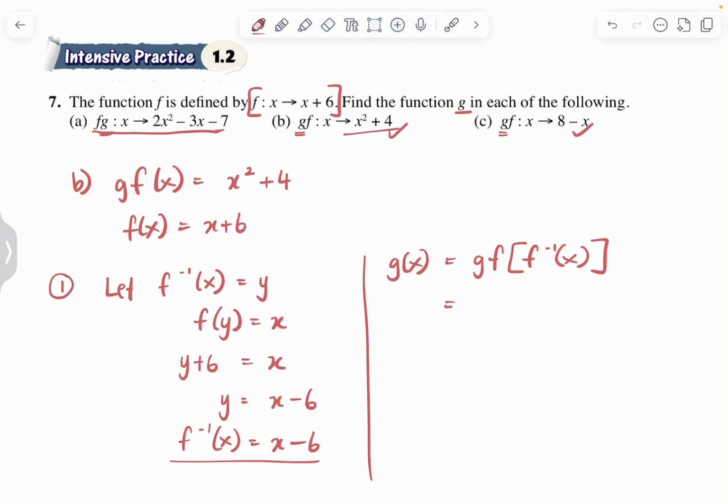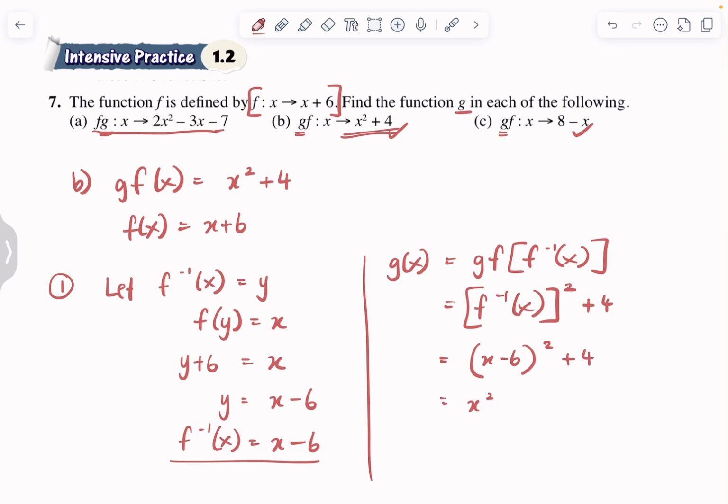So we know g(f(x)) is x squared plus 4. g(f inverse(x)) will be f inverse(x) squared plus 4, and f inverse(x) is x minus 6. So (x minus 6) squared plus 4.